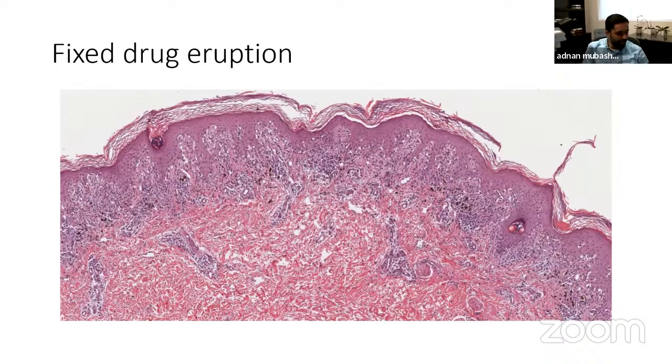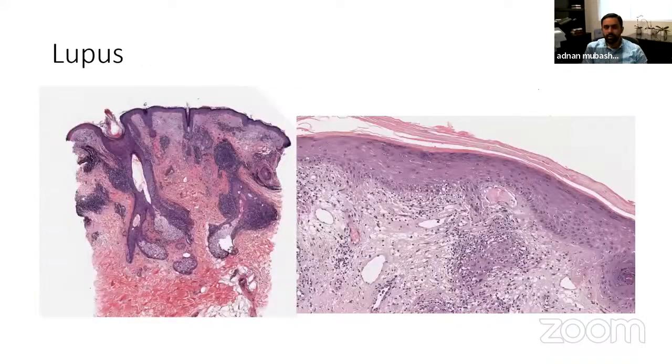I'm trying to go faster so that I can go through more entities. Again, you have vacuolar interface change, but along with that, you have this superficial and deep perivascular and periadnexal inflammation, and that goes more with connective tissue disorders like lupus and dermatomyositis too, but the inflammation will be much less.